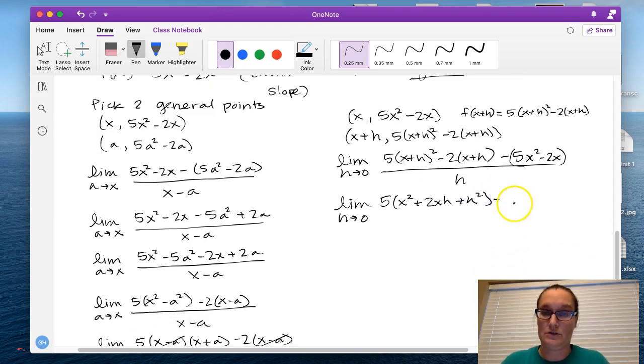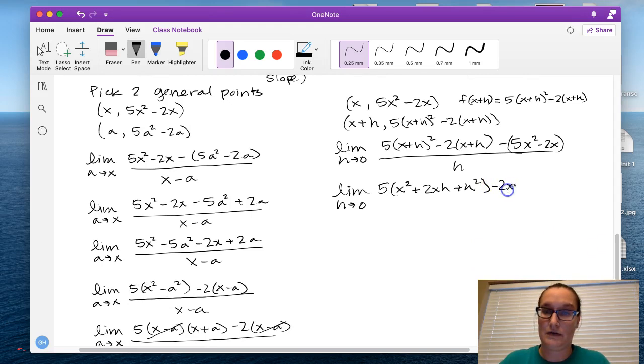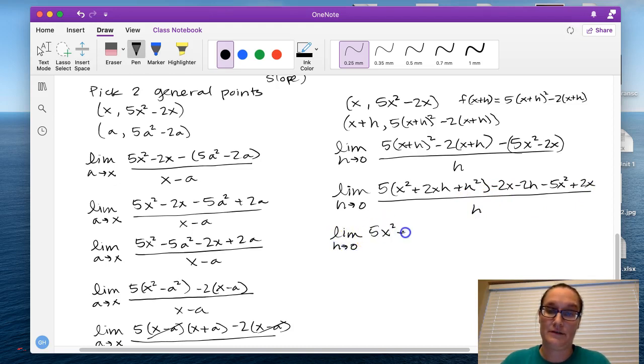We distribute the -2, so -2x minus 2h, and distribute the negative on the 5x squared and the 2x. And then we got to distribute our 5. So 5x squared plus 10xh plus h squared, and then minus 2x minus 2h minus 5x squared plus 2x, all over h.